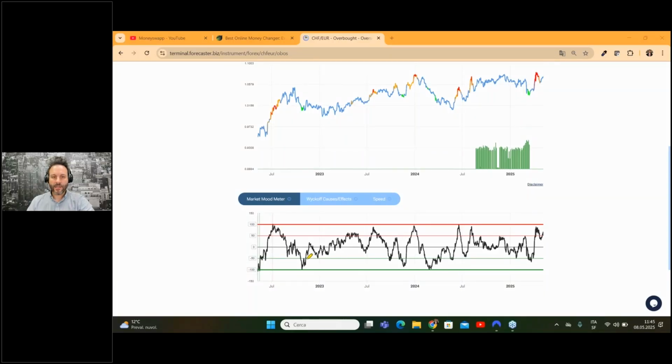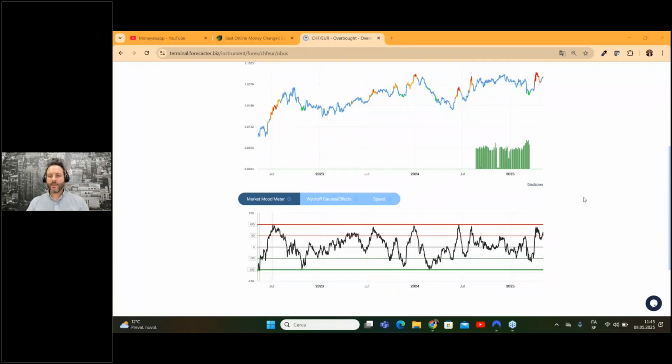As you can see, when this indicator stays in the lower band, it means that probably a low in prices for the Swiss franc will occur. And if the price stays in the upper band, it means we are in an overbought situation, so we are definitely looking for a top. At the moment we are in the upper part.